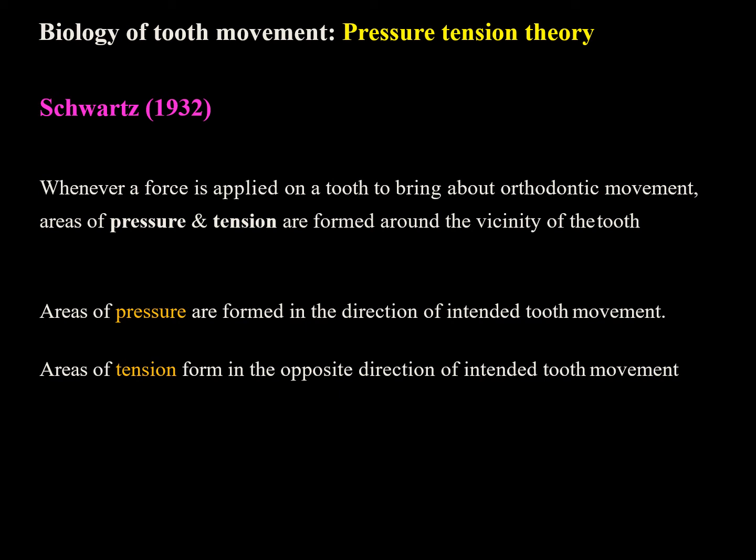So areas of pressure are formed in the direction of intended tooth movement. Okay, it is easy to understand. The intended direction of tooth movement will have areas of pressure. Areas of tension are opposite to the direction of intended tooth movement.